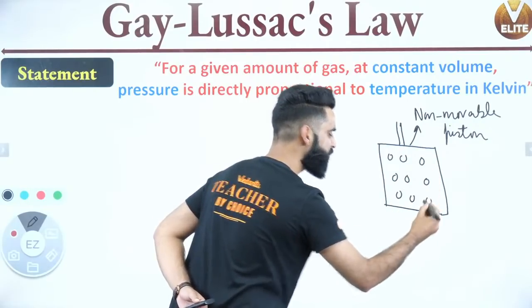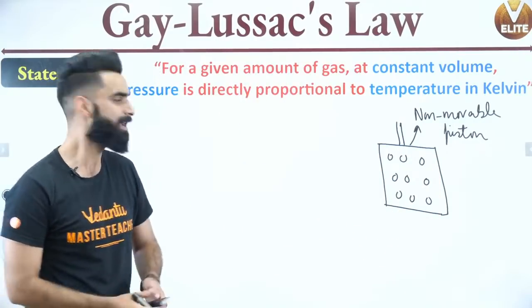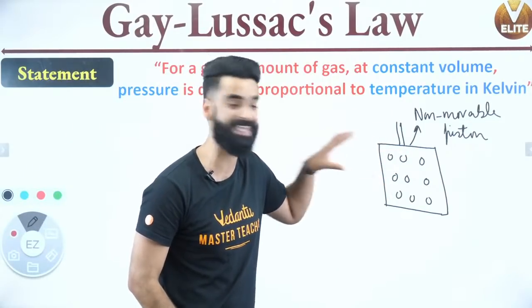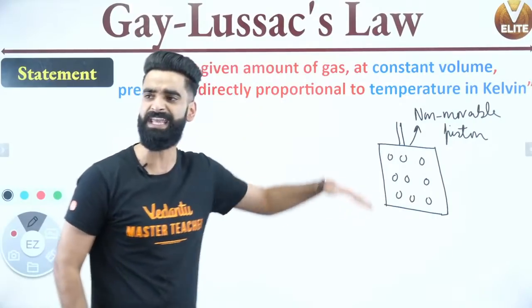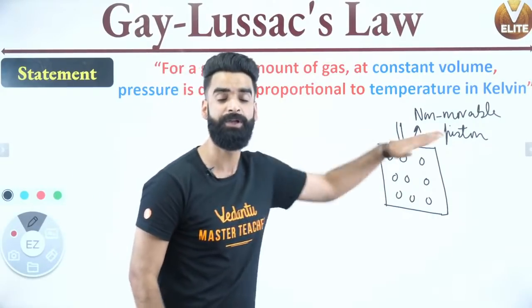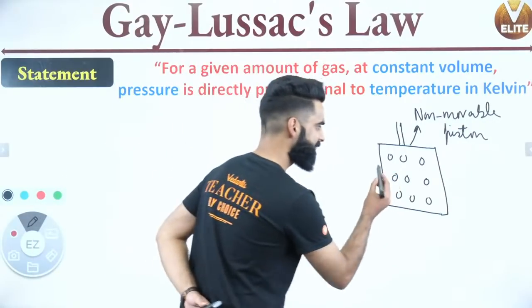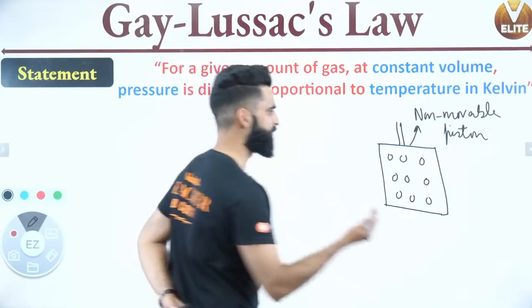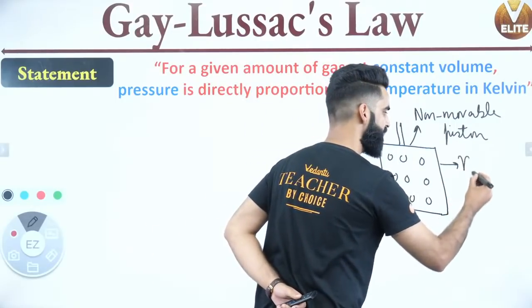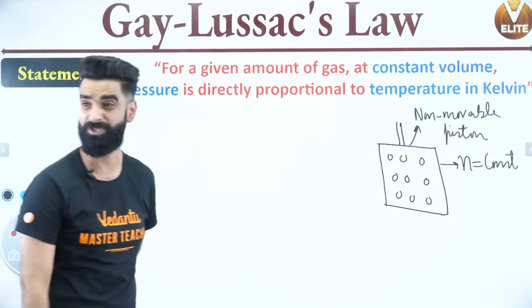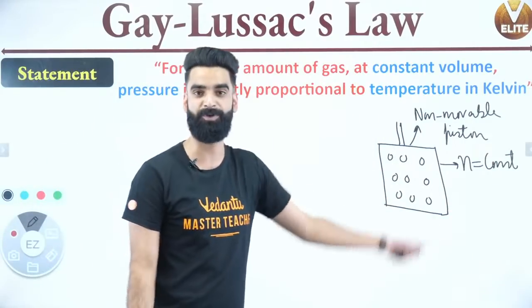Why am I using the non-movable piston? Because I want the volume of the gas to be fixed, and that can only be done with a non-movable piston. Since the container is closed on all sides, the number of moles of gas is also fixed. Volume is fixed, and the number of moles is fixed.